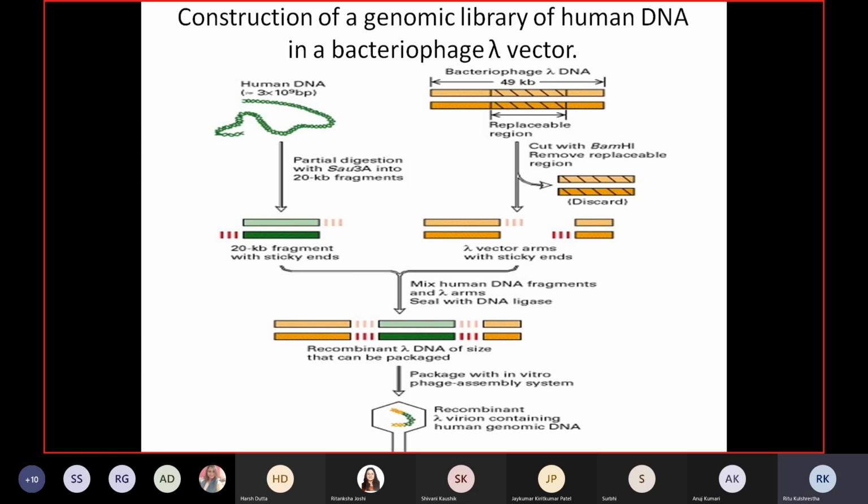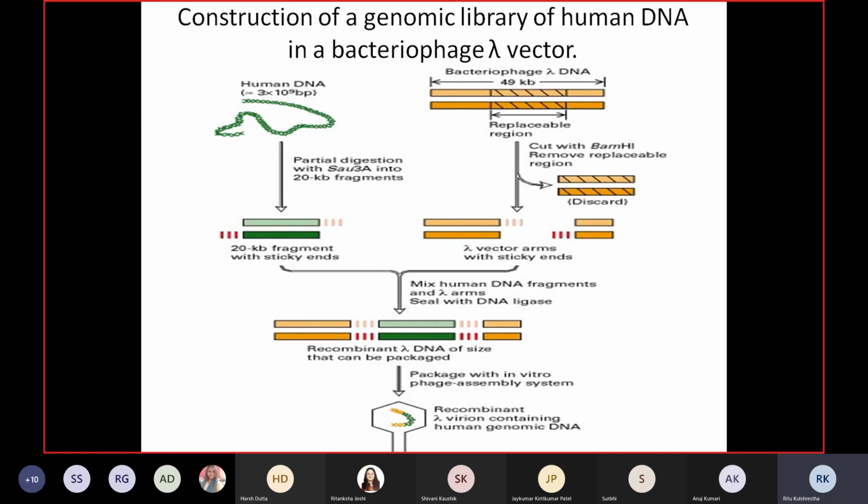So let me tell you, if you want to construct a genomic library, for example for human DNA, in a bacteriophage lambda vector, what will be the steps required?